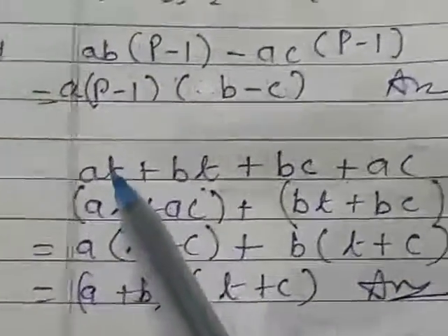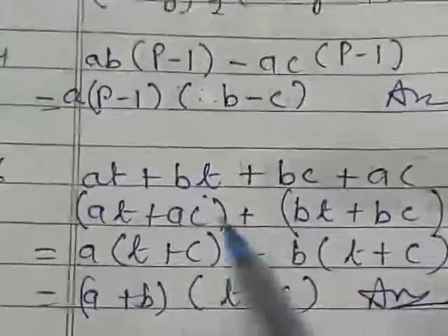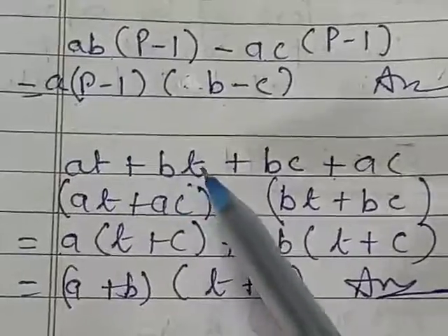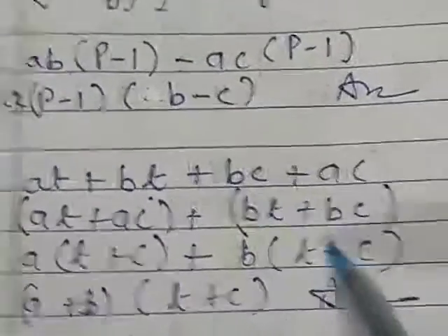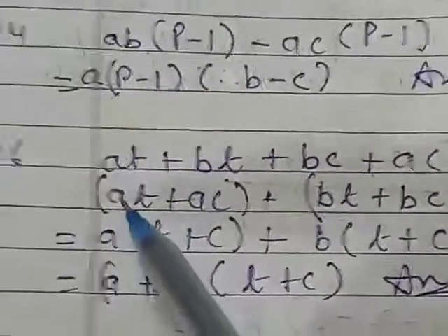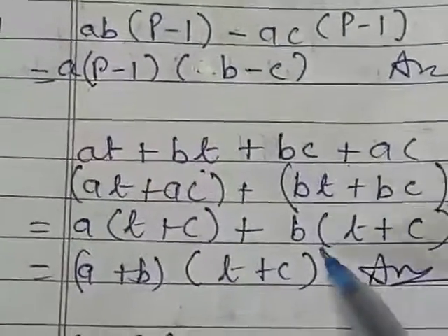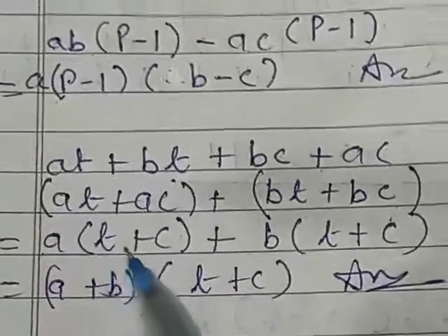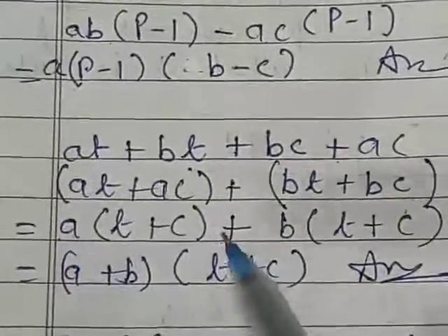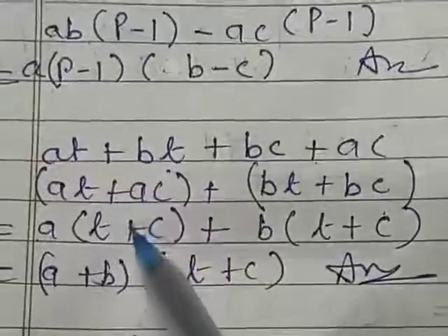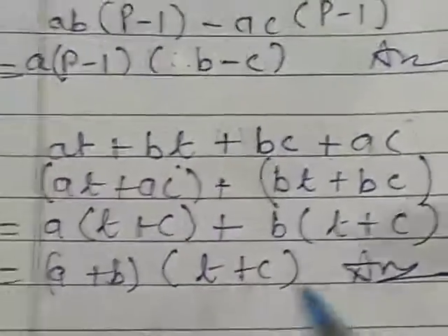Pairing the first and last, at and ac, taking a common, t plus c; pairing bt and bc, taking b common, t plus c. Again taking the common, we write a plus b times t plus c is the common. This is the answer.